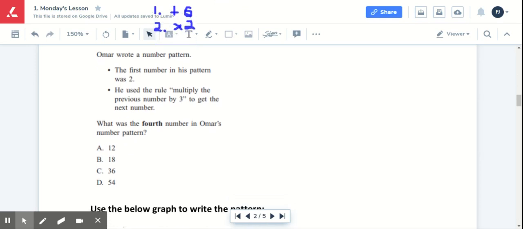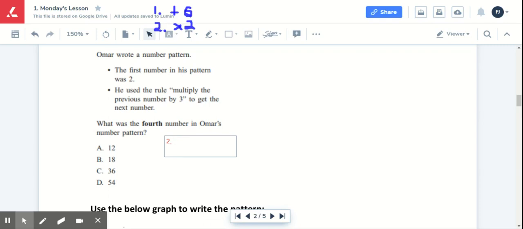So we know from earlier, this is also asking us, what is the fourth term in Omar's number pattern? The first number in Omar's pattern was 2. So if we're going to multiply each previous number by 3, let's figure out what our fourth number is going to be.